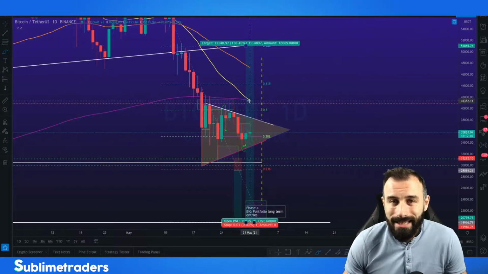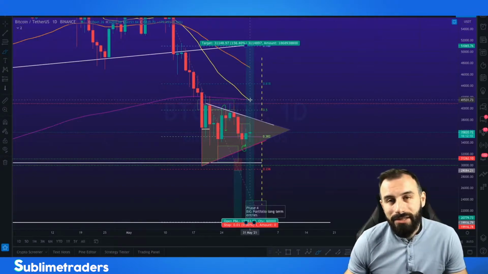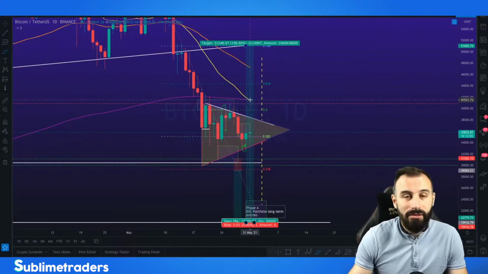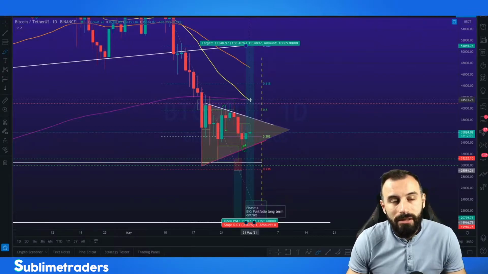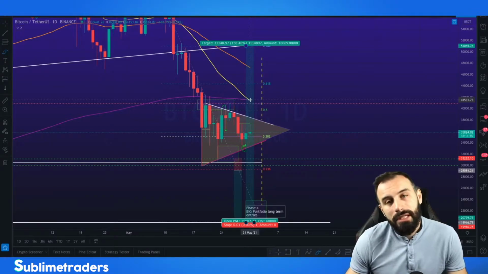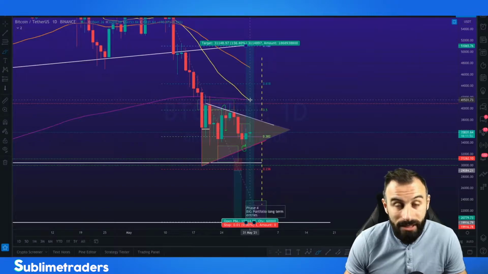Don't forget that EMAs themselves can act as resistance and support, and they do, especially the ones that are directly plotted on the Binance chart, because people usually trade on that. Not everyone uses external charting applications like TradingView. Many people just trade on their phone. They have some simple EMAs, they place stop losses around them. So this is also very important to know.